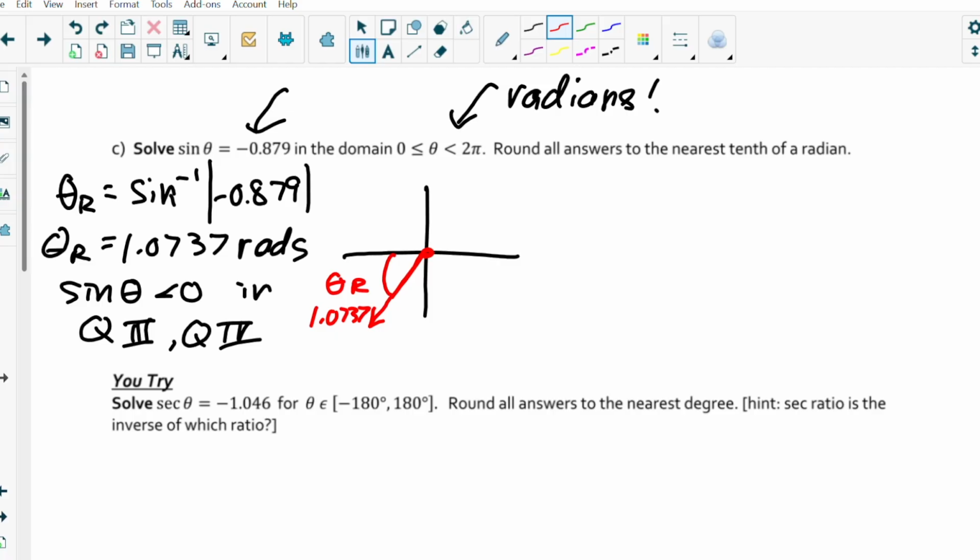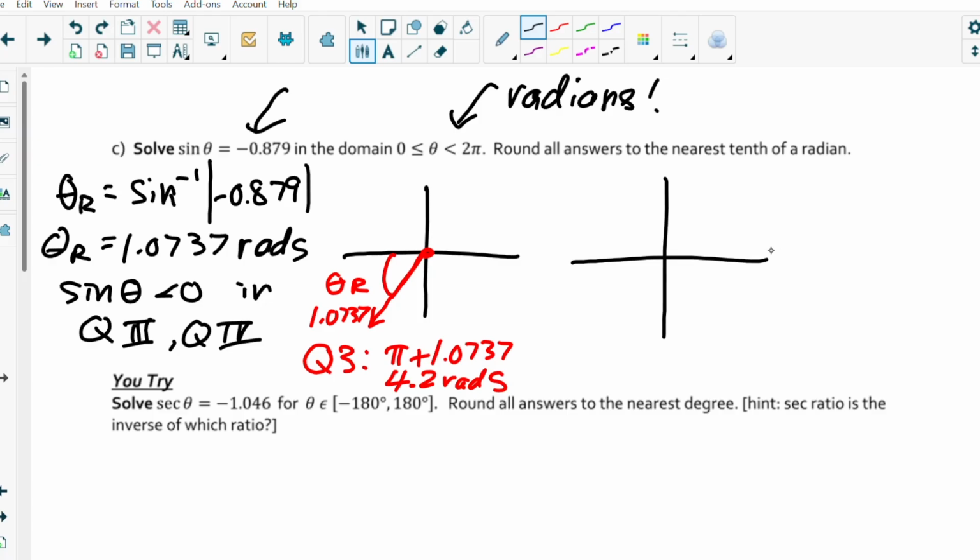So in quadrant 3, I need to take pi and add it to my reference angle to get the angle in standard position. Rounded to the nearest tenth of a radian, that is 4.2 radians.